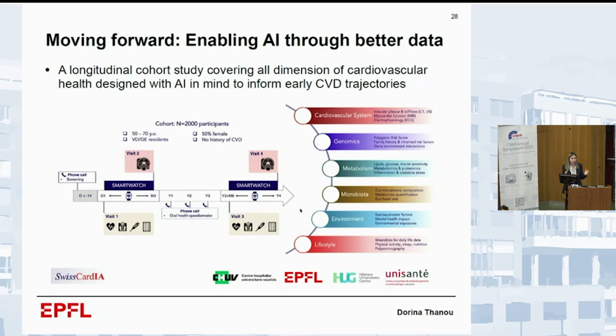It is a longitudinal cohort in which we'll be able to monitor patients for 4 years and capture all different aspects of the disease, from CT imaging and MRI to lifestyle data, genomics, food related initiatives, etc., in such a way that we have a cohort where AI could bring some meaningful information.